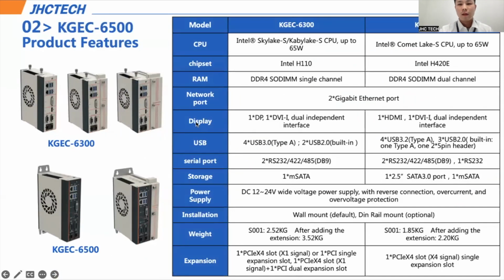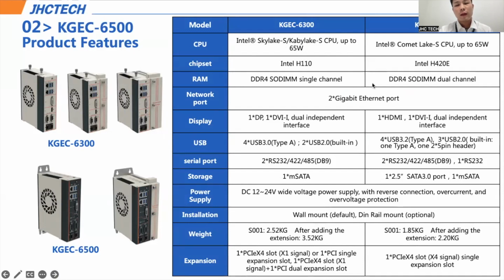We have a list comparing the KGEC-6500 and the KGEC-6300. First, the difference is the processor. For 6300, the processor is Skylake or Kaby Lake S, and for KGEC-6500, the processor is Intel Coffee Lake S. So the chipset is also different.